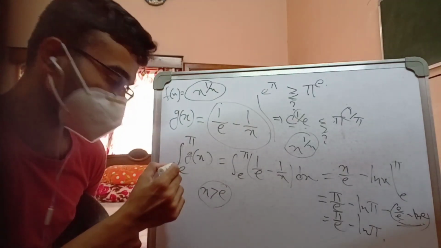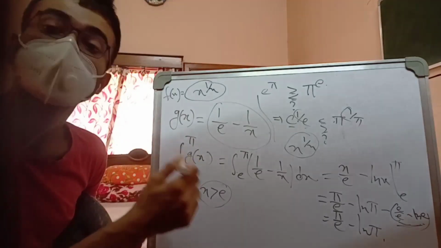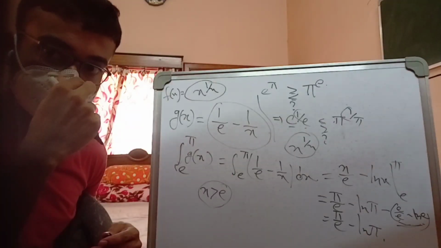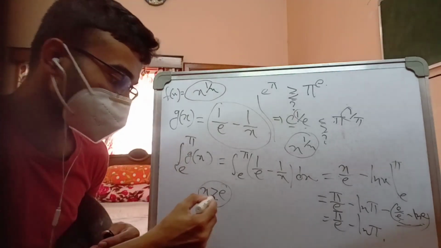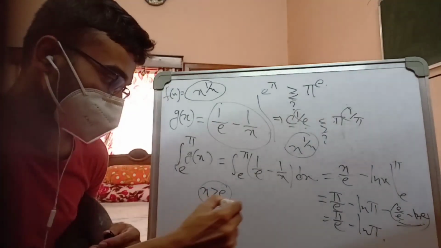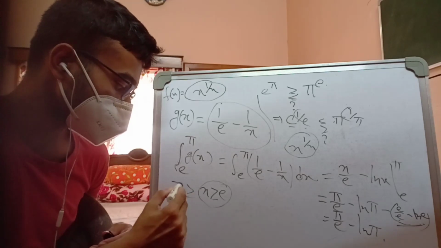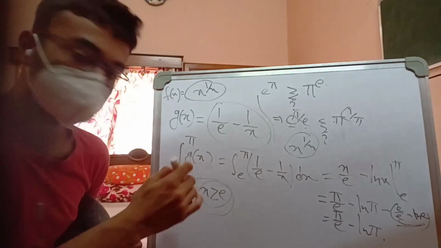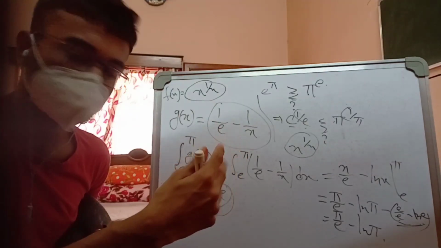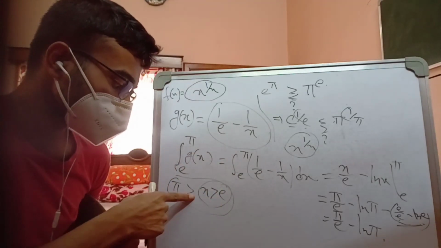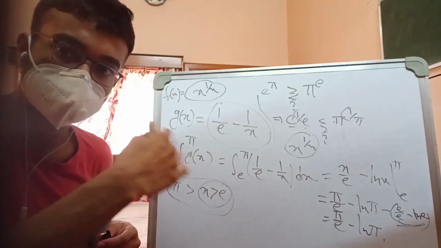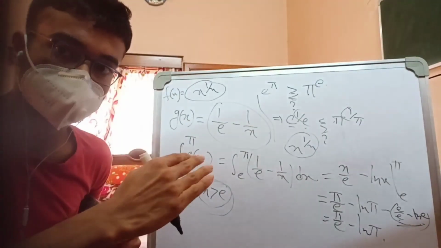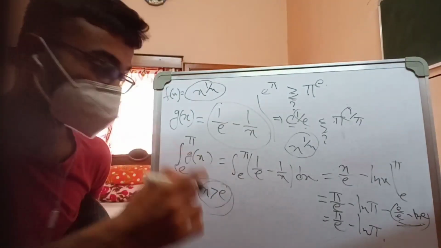As I have integrated over e to pi, x is obviously greater than or equal to e and less than or equal to pi. In integration you can also remove the equality sign because one point does not change the value of the integration.